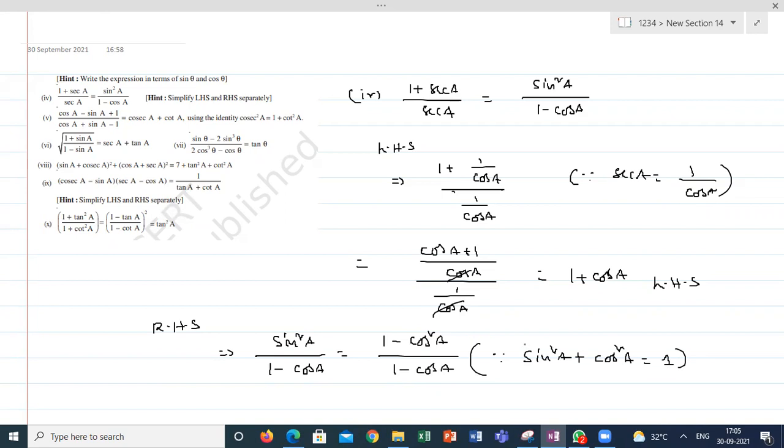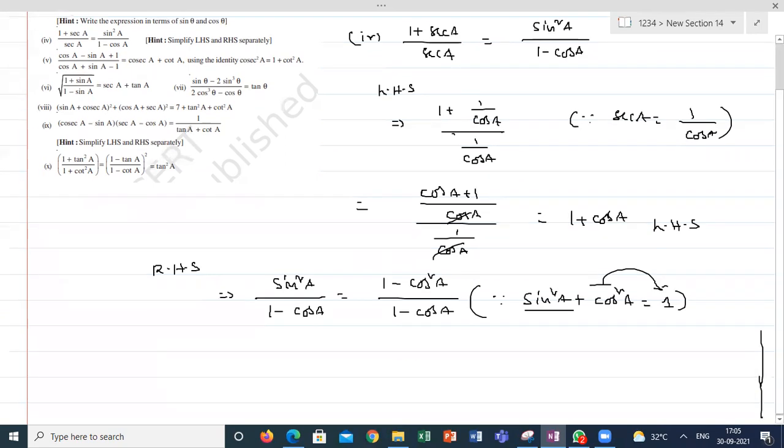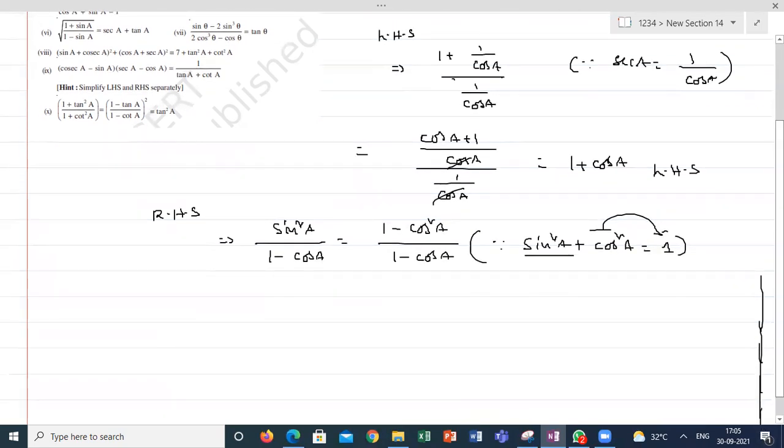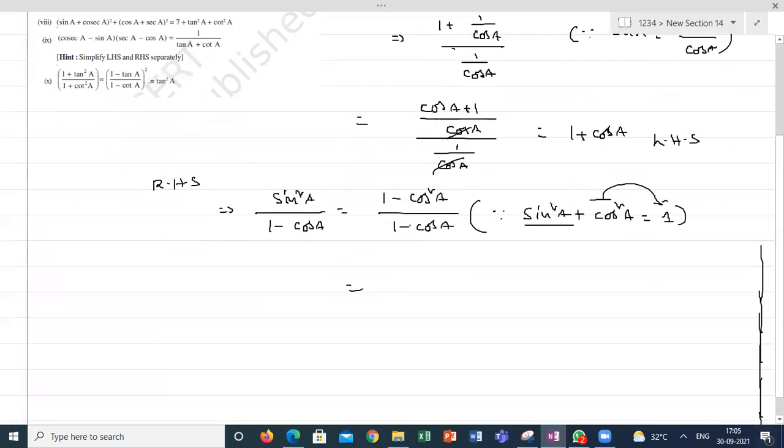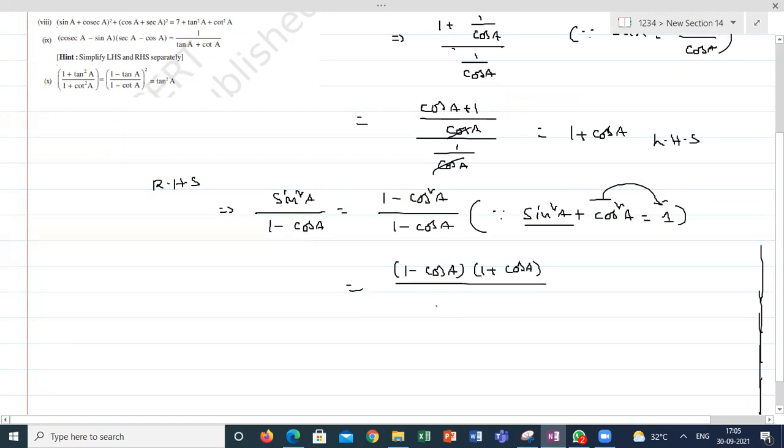Taking cos square A to this side, I get sin square A is equal to 1 minus cos square A. From here, 1 minus cos square A can be taken as (1 minus cos A) into (1 plus cos A) divided by (1 minus cos A).